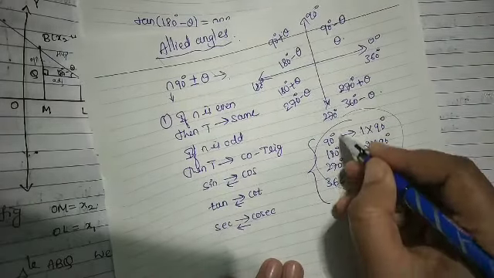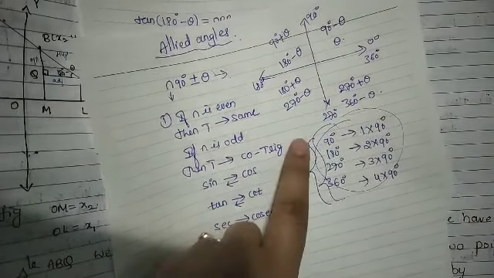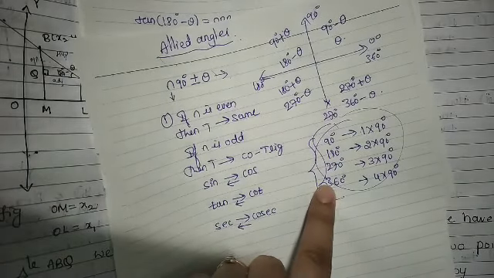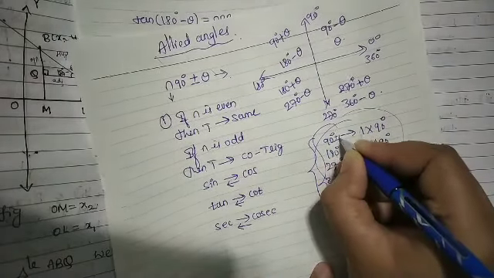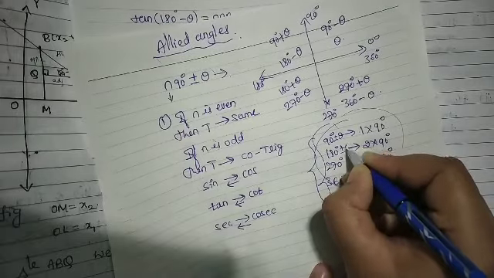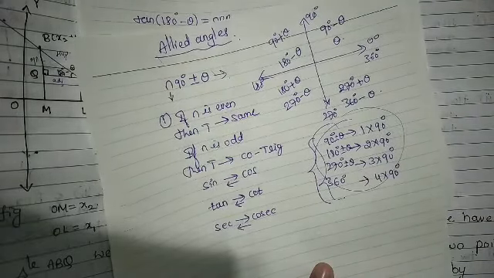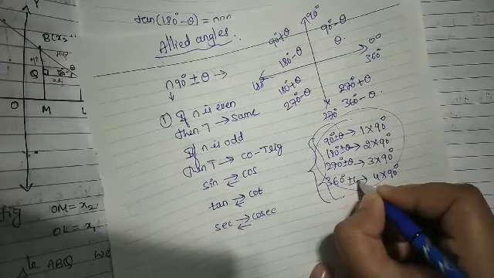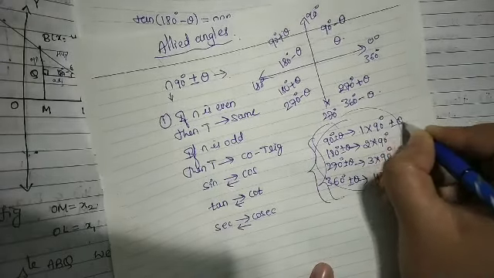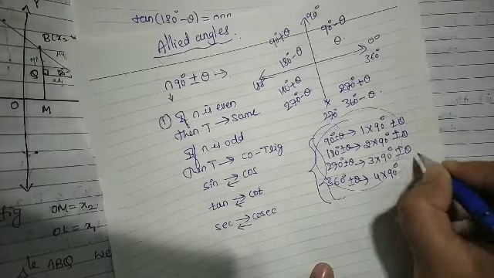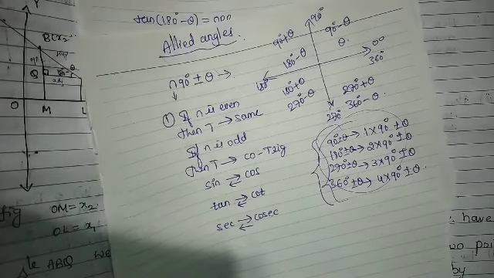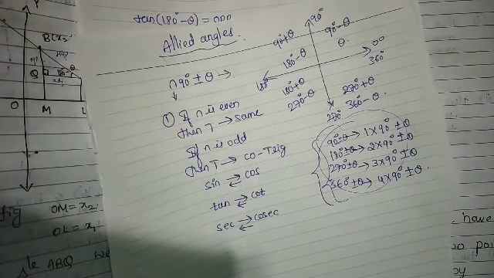In allied angles, you study these 4 types of angles: 90 degree plus or minus theta, 180 degree plus or minus theta, 270 degree plus or minus theta, and 360 degree plus or minus theta. You will study these in detail in first PUC.